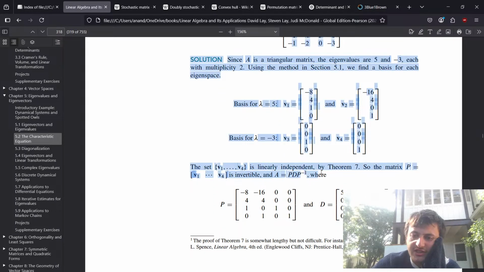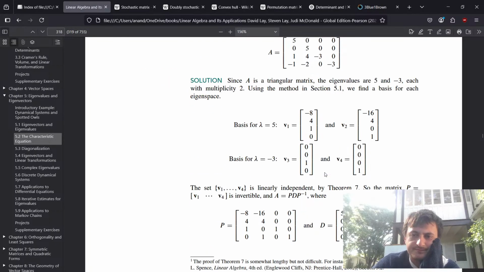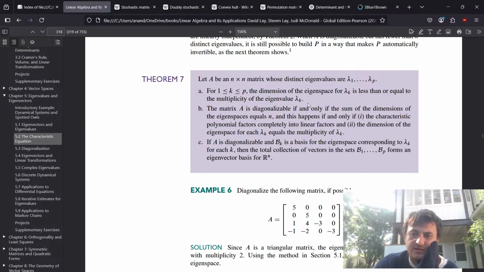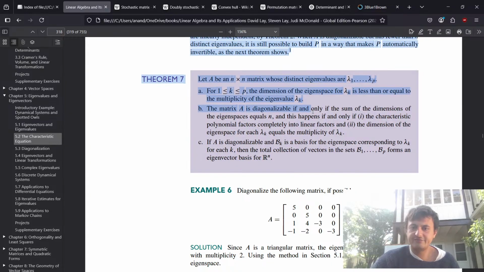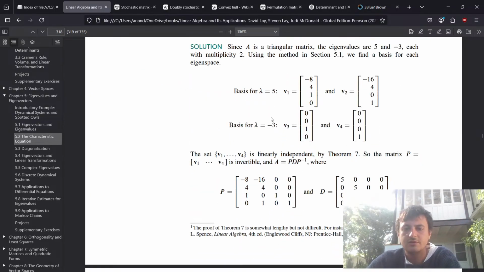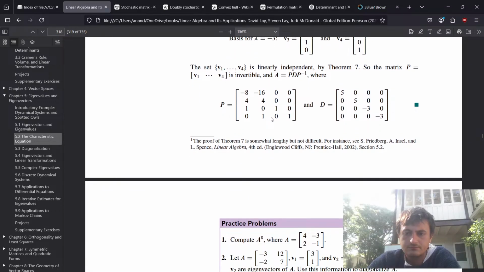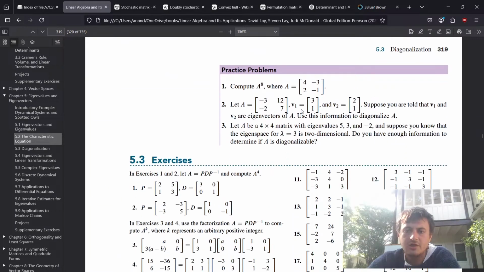So the set v1 to v4 is linearly independent by theorem 7. All you really need to know is that the sum of the dimensions of the eigenspaces is equal to n. If you know that, then you're good. Cool, that's not that bad.